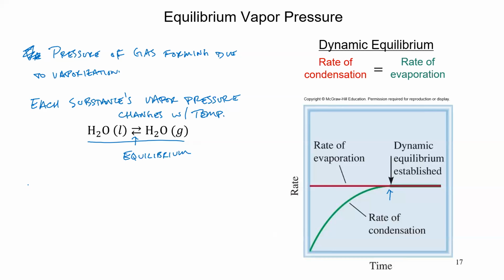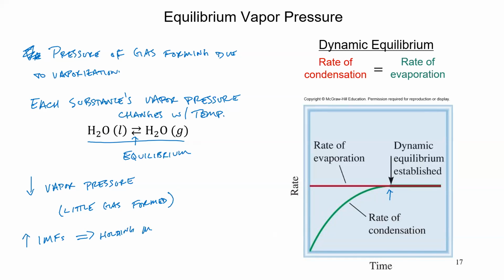And so a low vapor pressure, what that really means is that there's little gas being formed. If we have a low vapor pressure, there's not a lot of gas being formed, and so that means we must have strong intermolecular forces because they're busy holding the molecules together in the liquid phase.